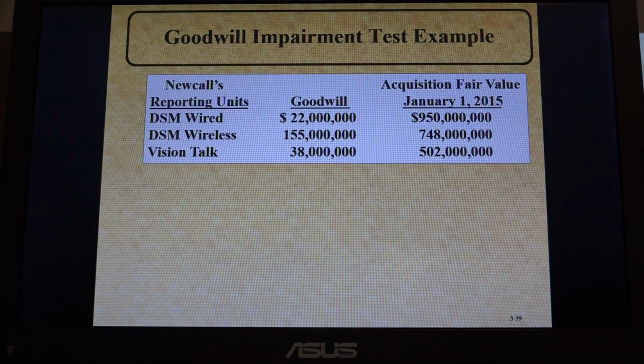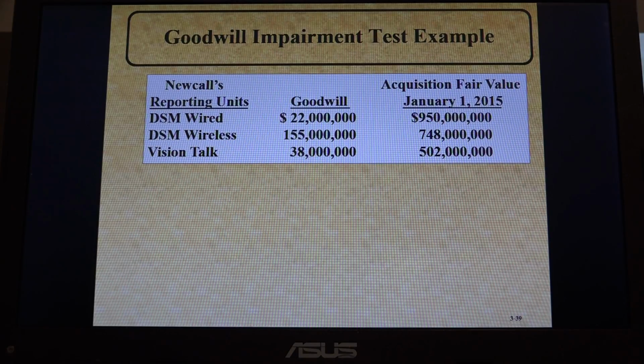And so there has to be greater than 50% chance that goodwill is impaired. If there's less than a 50% chance, and again, it's a subjective test, but I'm just saying this is the standard that FASB requires. If it's not more likely than not that goodwill is impaired, you do nothing.